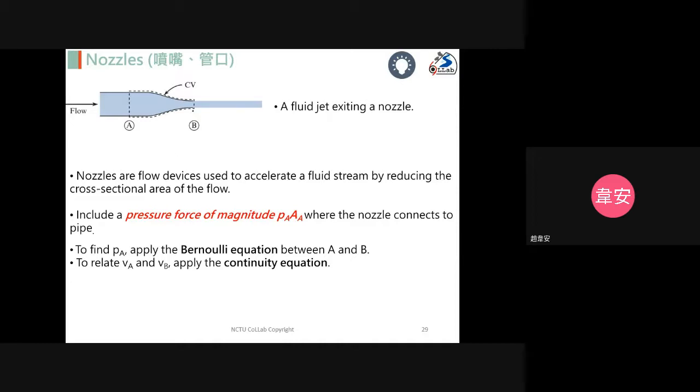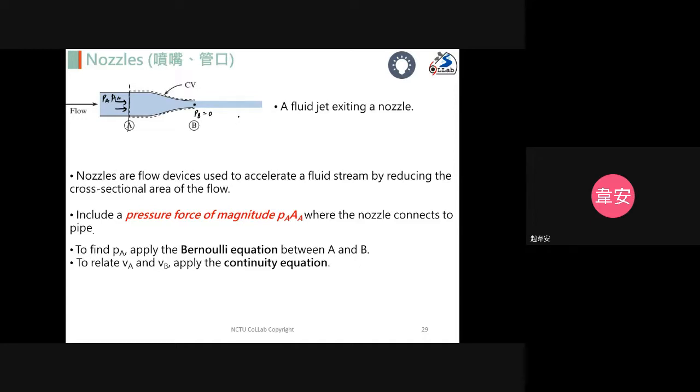In the nozzle, the difference is that the cross-section area A is inside the pipe, so there will be additional pressure force, PA multiplied by the cross-section area A. But on the right-hand side, cross-section area B is exposed to the atmosphere, so the gauge pressure is still equal to zero.